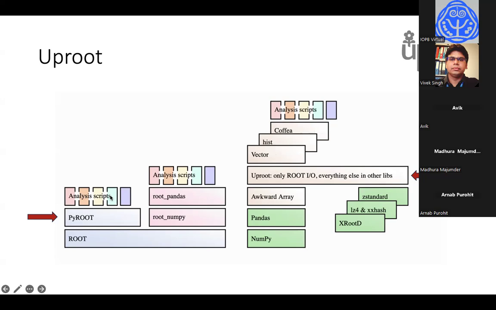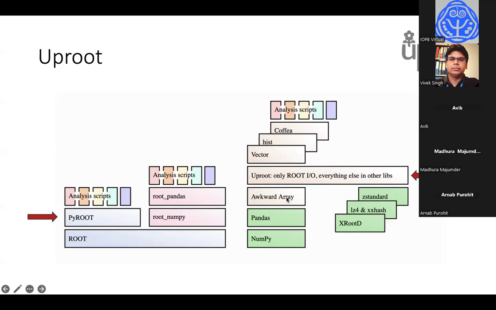As we saw already, we create a tree, we create a root file, and we can store something in the root file, or we can read the root file and make some analysis, like applying some selections on px, py, as we will see. All these kinds of things can be done just using PyROOT, whereas uproot cannot do that.